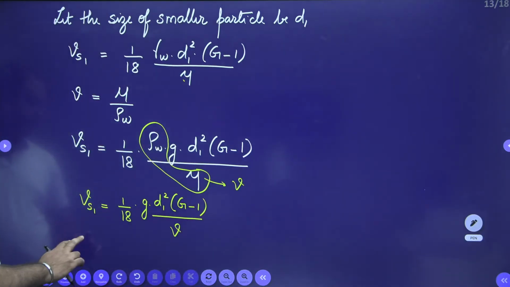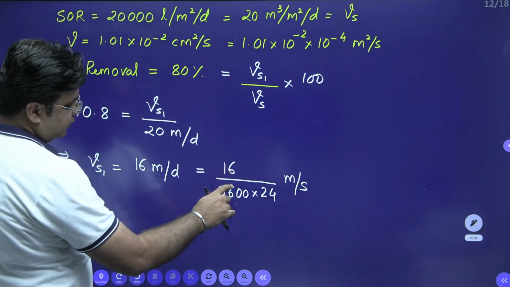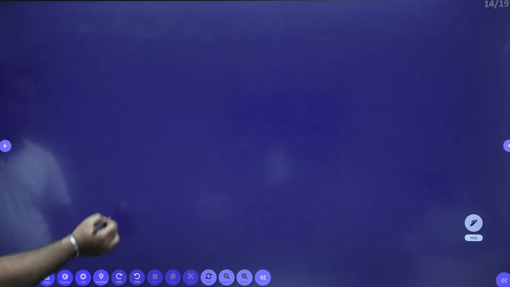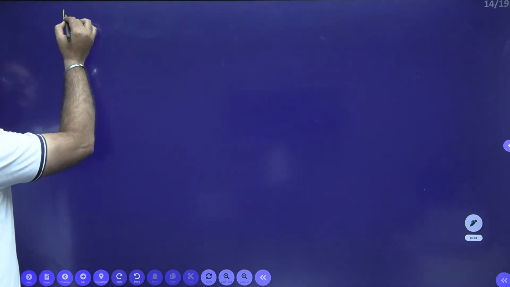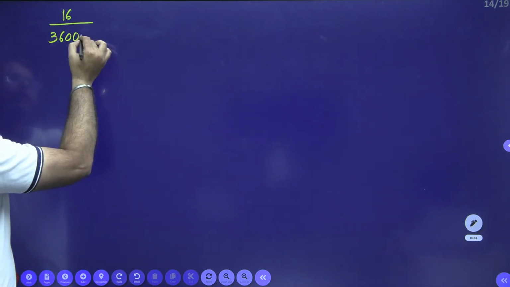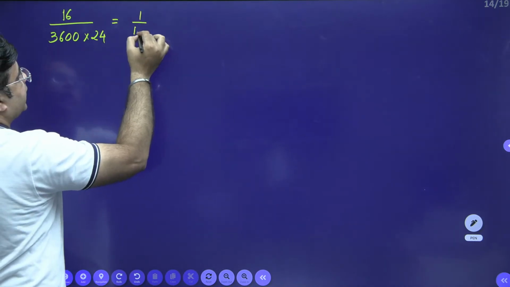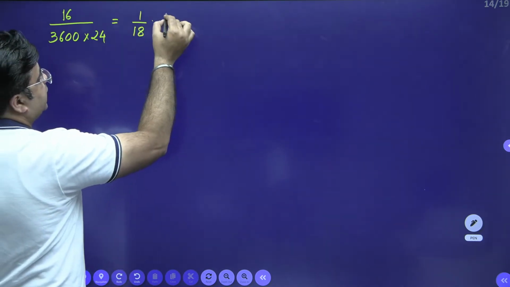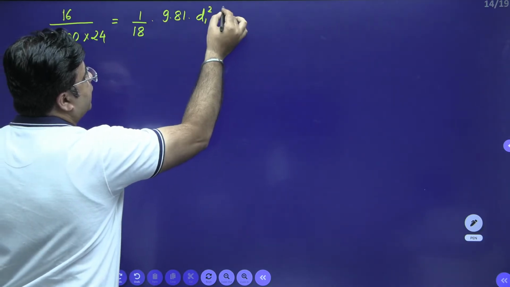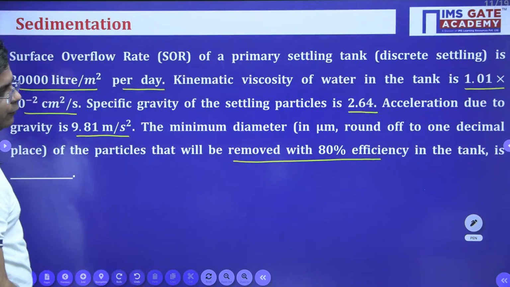Vs1 in meter per second we have calculated as 16 divided by 3600 into 24, which is equal to 1 upon 18, g 9.81, d1 square that I need to calculate. Capital G is given as 2.55, I think.